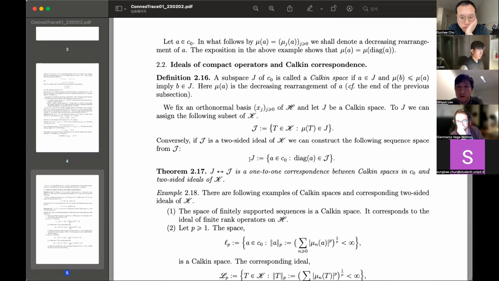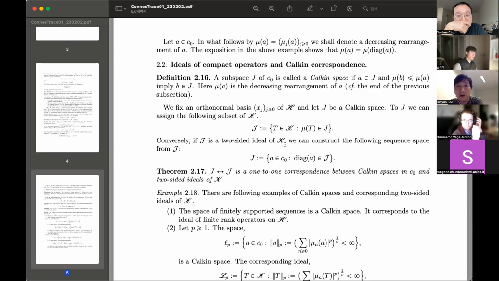J is a collection of sequences in C0 such that the diagonal operator associated with A belongs to the given two-sided ideal.